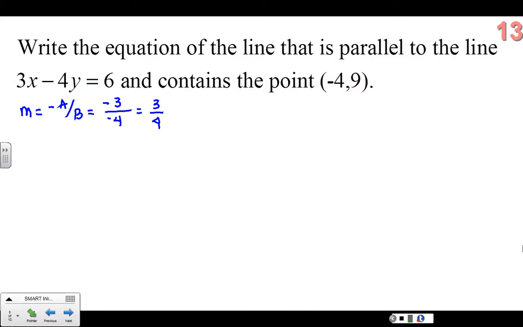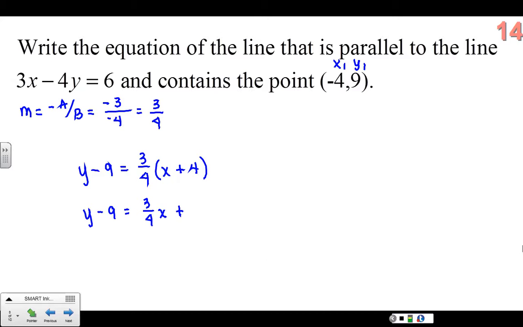So we have the point -4, 9, which I'm going to label as x1, y1. And use my point slope formula to write this equation. So y minus 9 equals the slope, which is 3/4, times x minus -4, which we know would be +4. So then work out your algebra. 3/4 x plus 3/4 times 4 would just be 3.